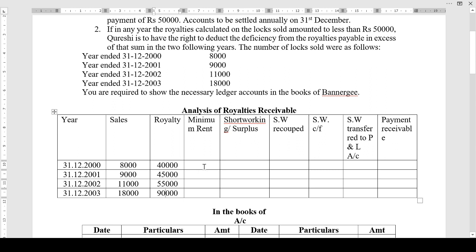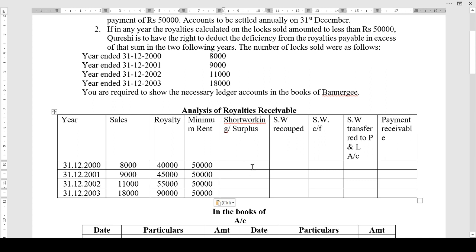Minimum rent. They specify the minimum rent to be 50,000 every year. Everyone's done till here?